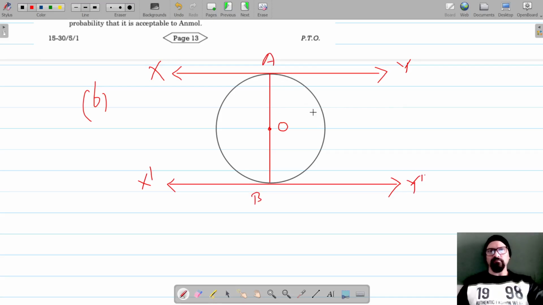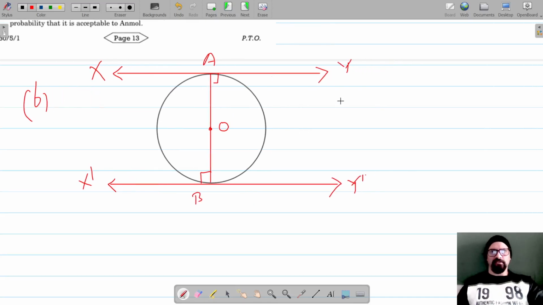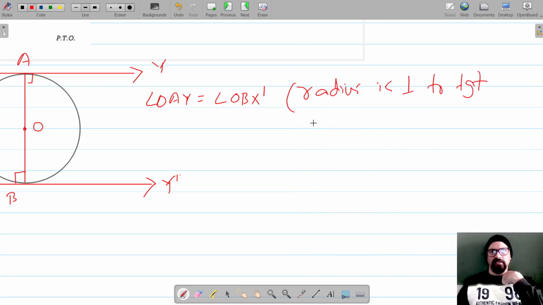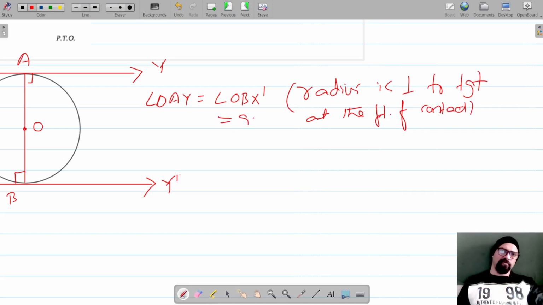Now, if this is a diameter, then OA is the radius. So this angle and this angle are 90 degrees each. I can write here that angle OAY is equal to angle OBX dash, the reason being the radius is perpendicular to the tangent at the point of contact, and these angles are equal because both of them are 90 degrees each.